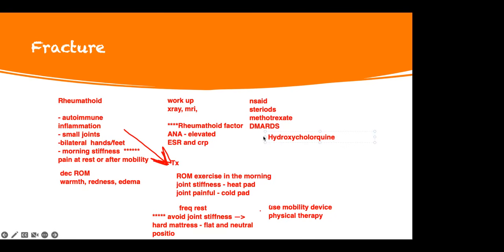Plaquenil is also one of them. And then they also need immunomodulators. This is your pharmacology, like the mabs, okay, adalimumab. All these medications, they need them to affect the immune system. Because of that, we'll do pharmacology. I don't want to do it right here, but we'll do pharmacology.